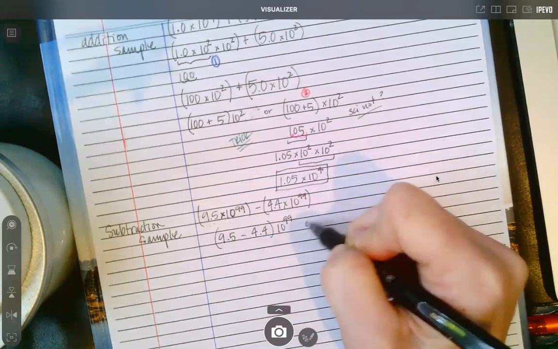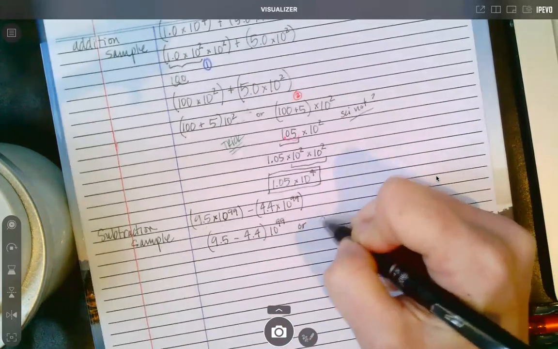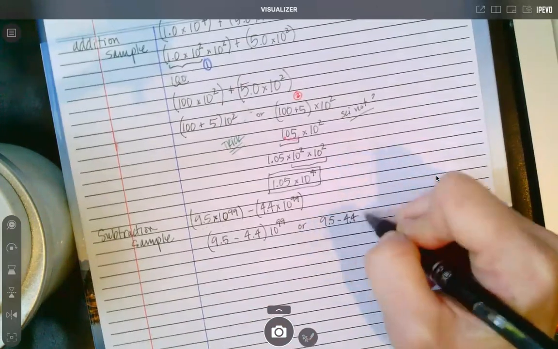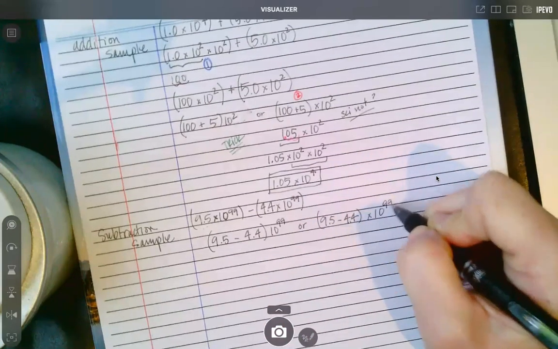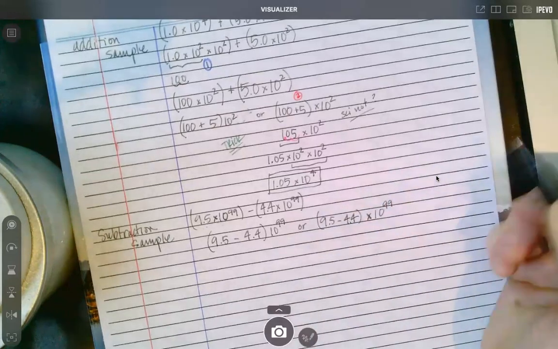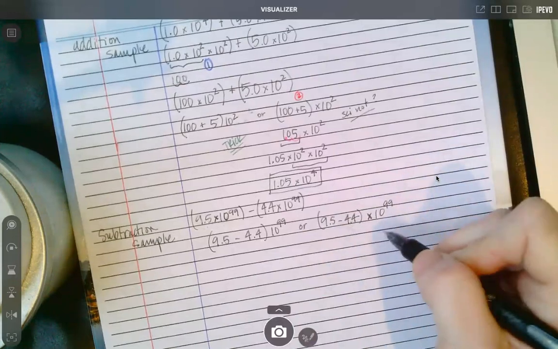I can also write it as I would traditional scientific notation. Either one of these is true for scientific notation. We're just more traditionally, we see it this way.